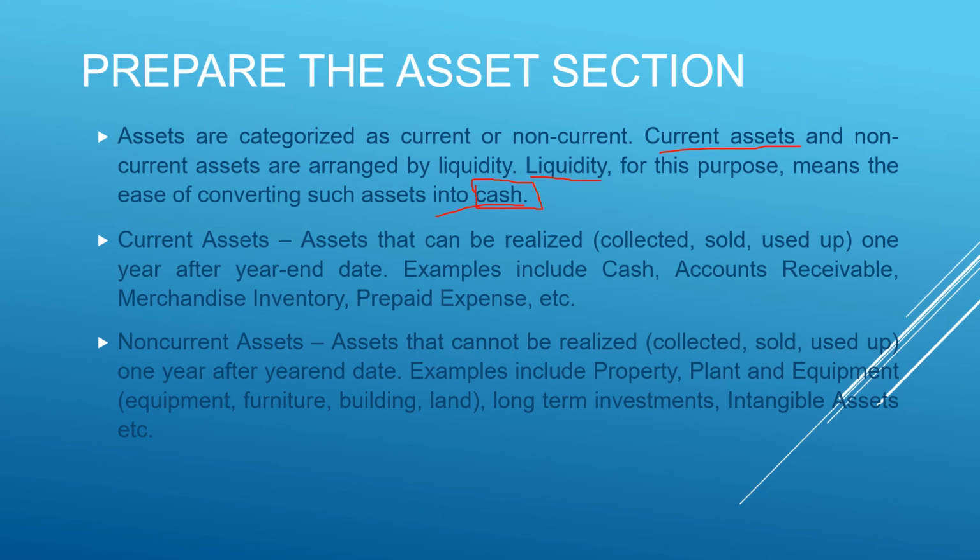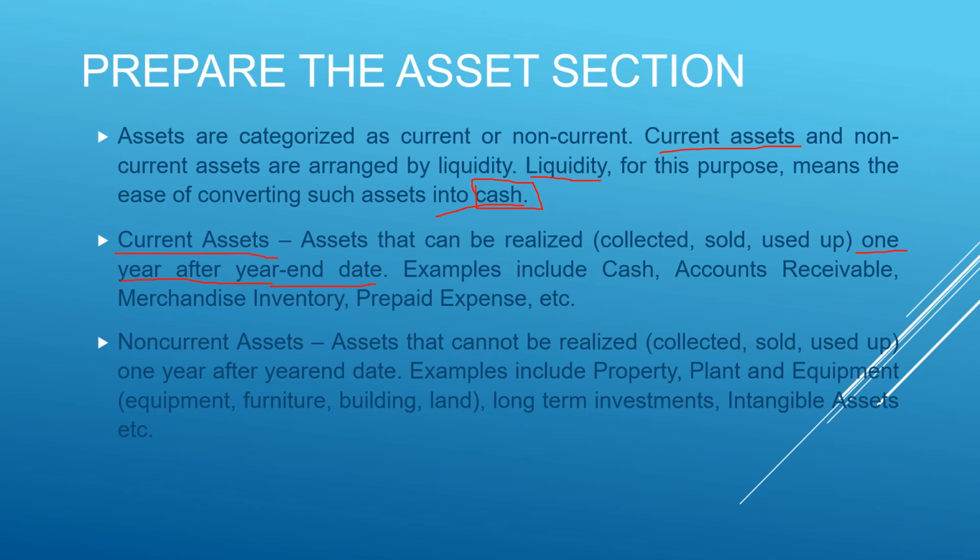Okay. Next is the current assets. Current assets are assets that can be realized, collected, sold, or used up within 1 year after the year-end date. So we will take note, class, of these words here: 1 year after year-end date, or we could say 1 year.